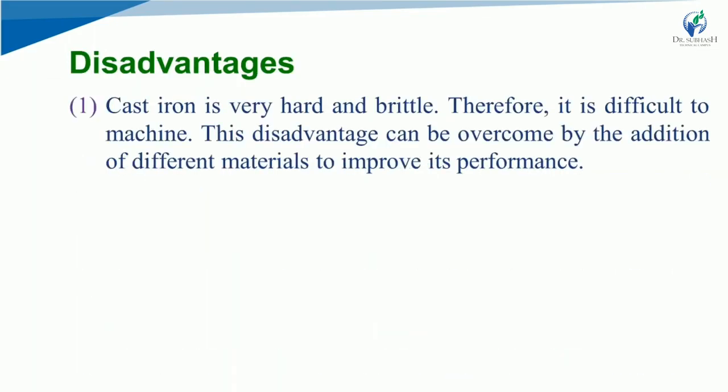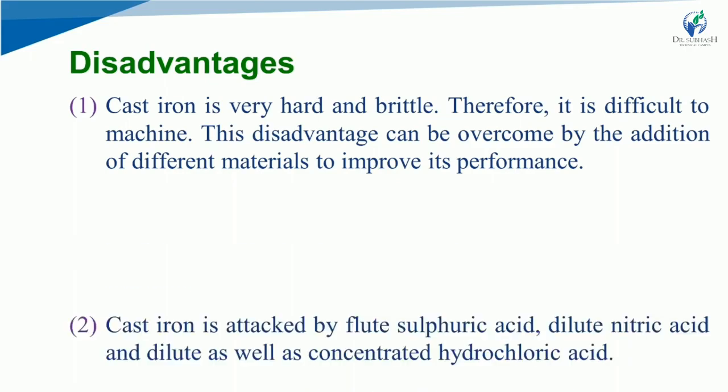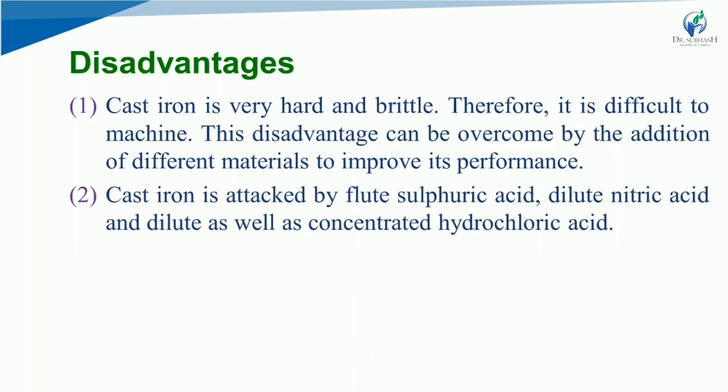Disadvantages: first, cast iron is very hard and brittle. No doubt it is tough, but it is also hard and brittle. Therefore, it is difficult to machine. This disadvantage can be overcome by the addition of different materials to improve its performance. Cast iron is attacked by dilute sulfuric acid, dilute nitric acid, and dilute as well as concentrated hydrochloric acid.